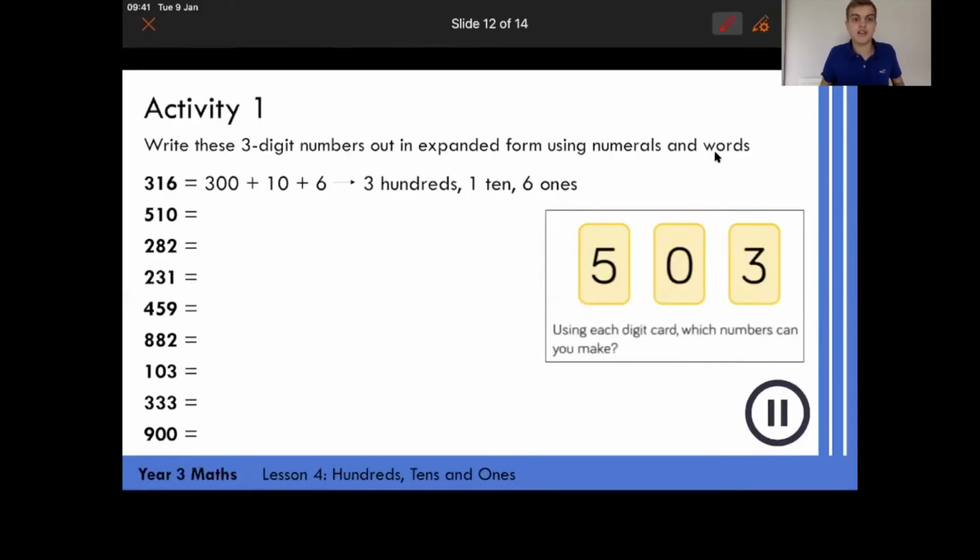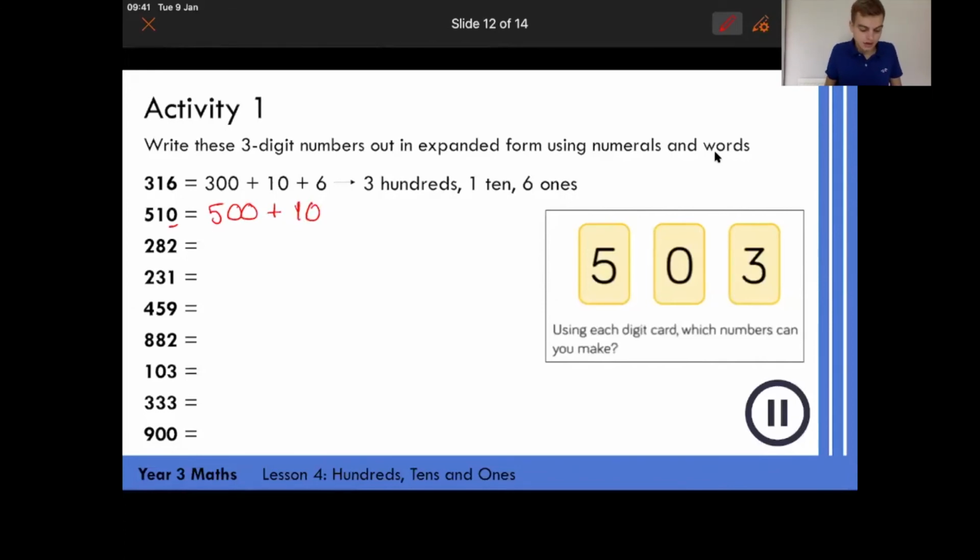Well done, everybody. Hopefully this means that you've had a go at doing all of these. So the first one, 510, and I'm just going to do it in numerals. I'm not going to do it as in hundreds, tens and ones, but you could have had a go at doing both. So 500, I know I need 500, add 10, and I'm not even going to put add because it's add 0 ones, isn't it? Because in my ones column I've got a 0. I'm just going to leave that.